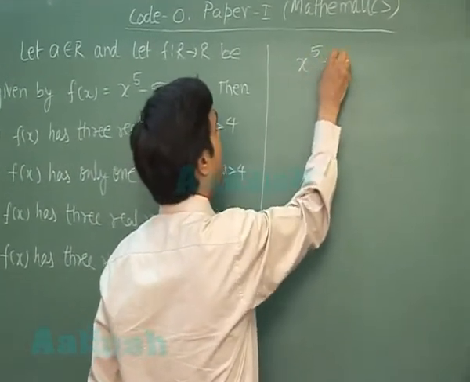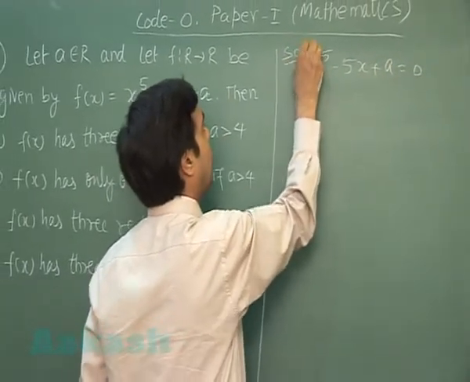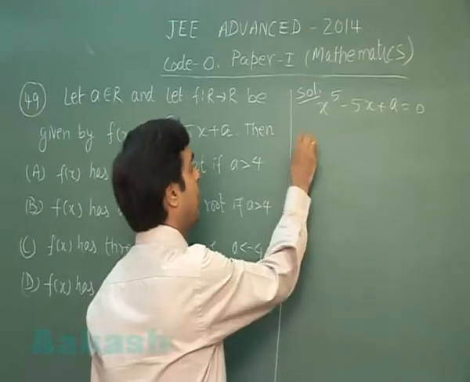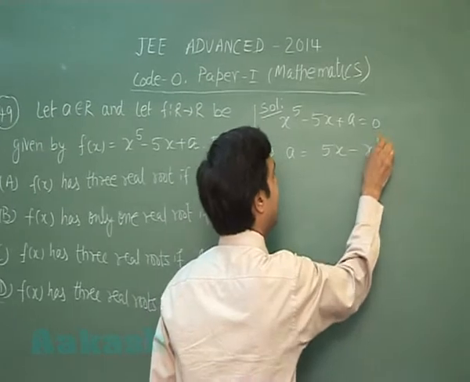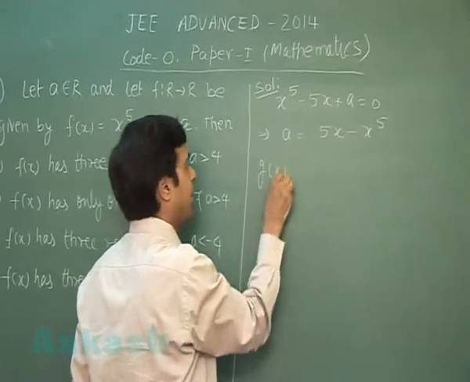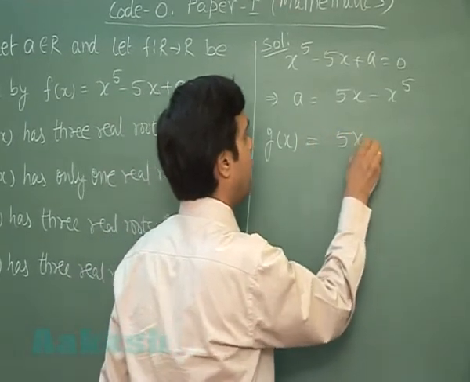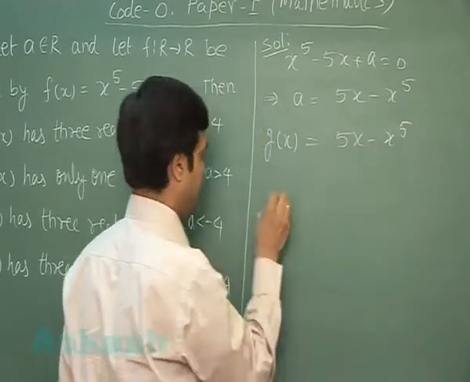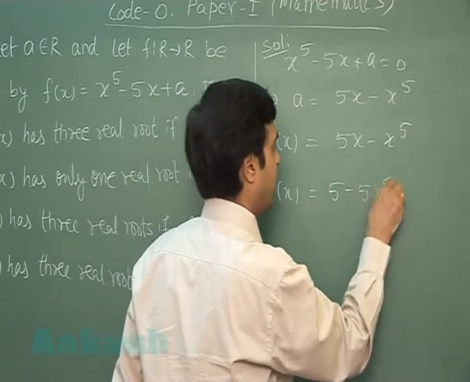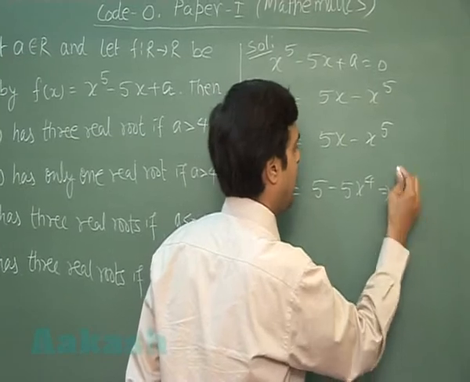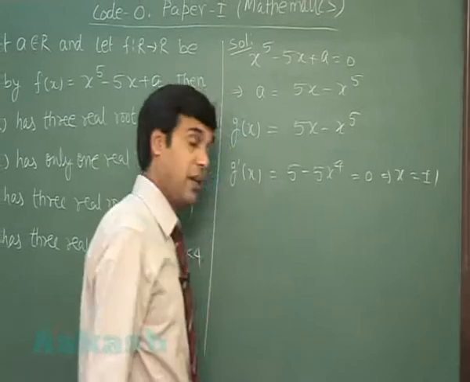x to the power 5 minus 5x plus A equals 0. We are talking about roots of this equation. So let's read it as A equals 5x minus x to the power 5, and assume a function g(x) equals 5x minus x to the power 5. Taking its derivative and substituting it equal to 0, we get x equals plus minus 1.